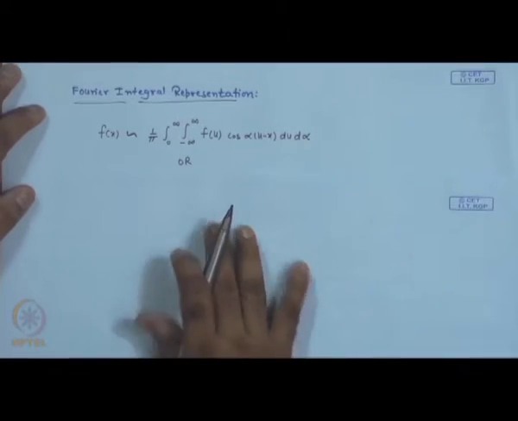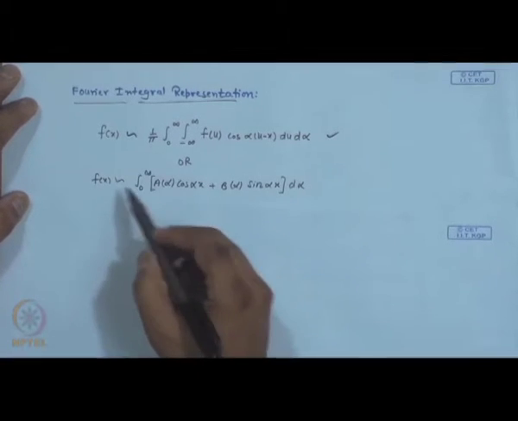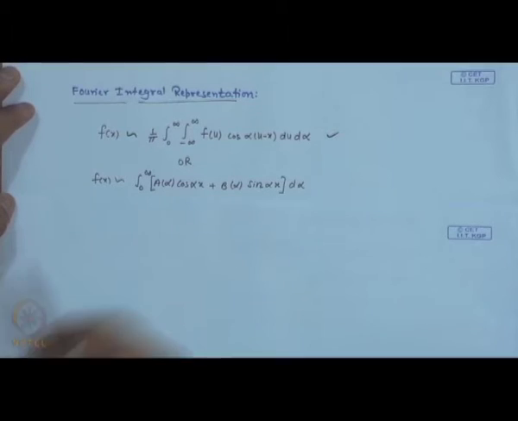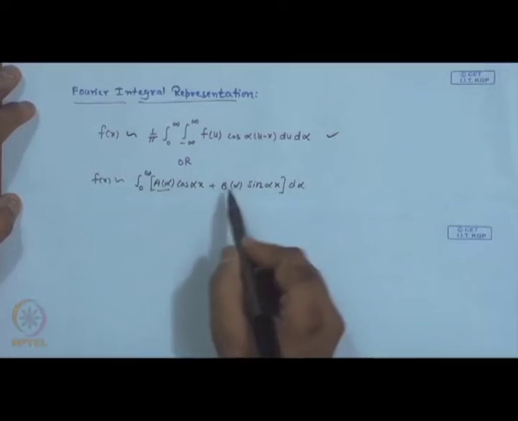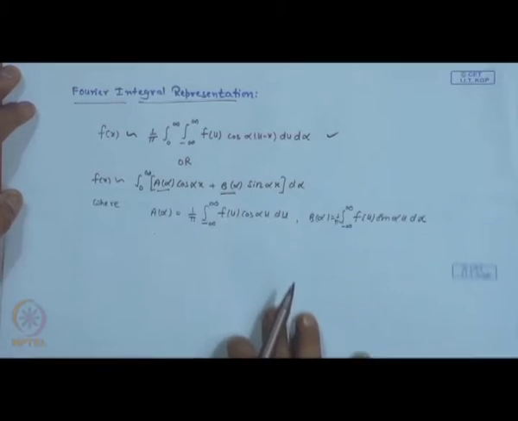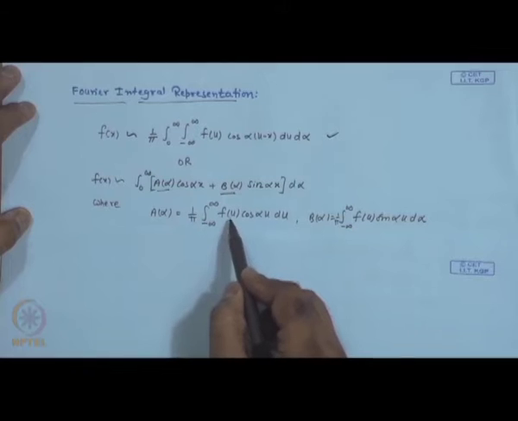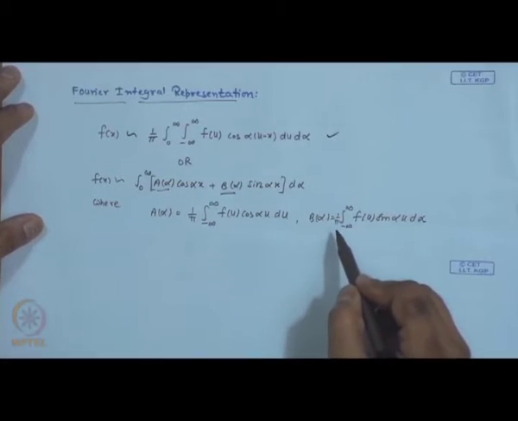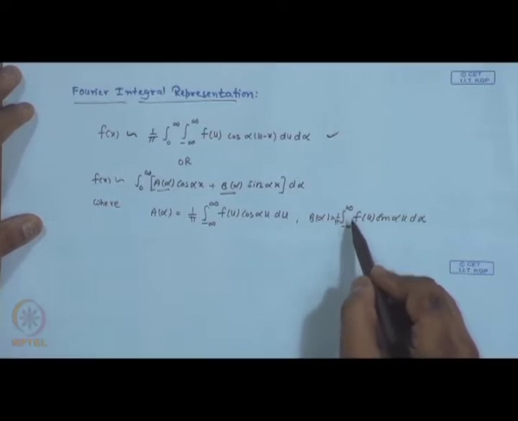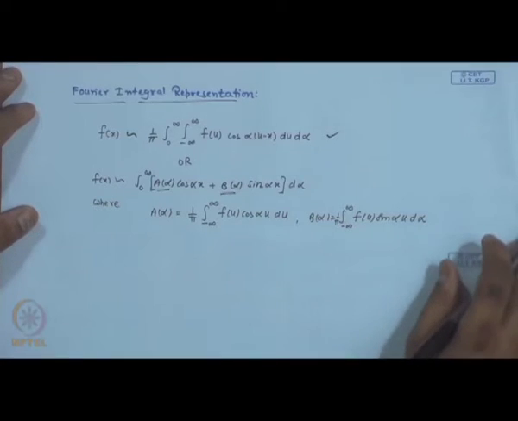We can also write this in another form, where we have introduced a(alpha) and b(alpha). a(alpha) is 1 over pi, minus infinity to plus infinity, f(u) cos alpha u du, and b(alpha) is 1 over pi, minus infinity to plus infinity, f(u) sin alpha u du.